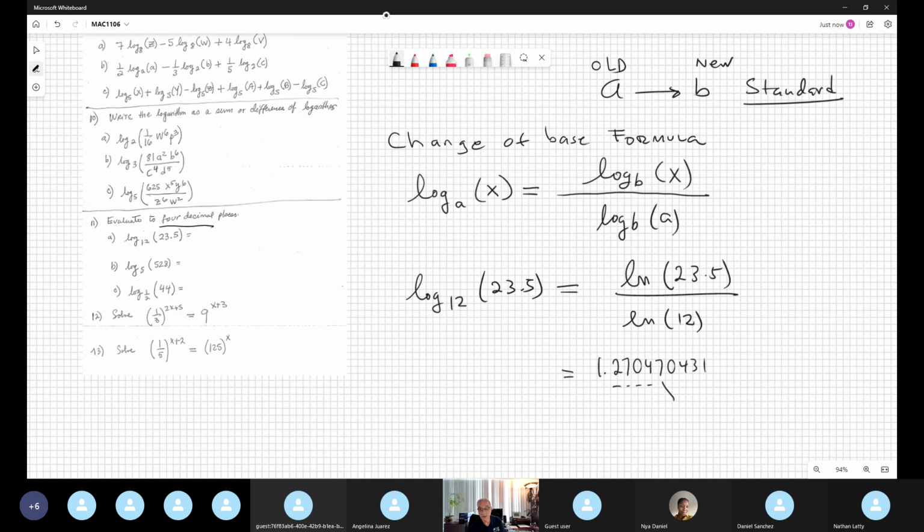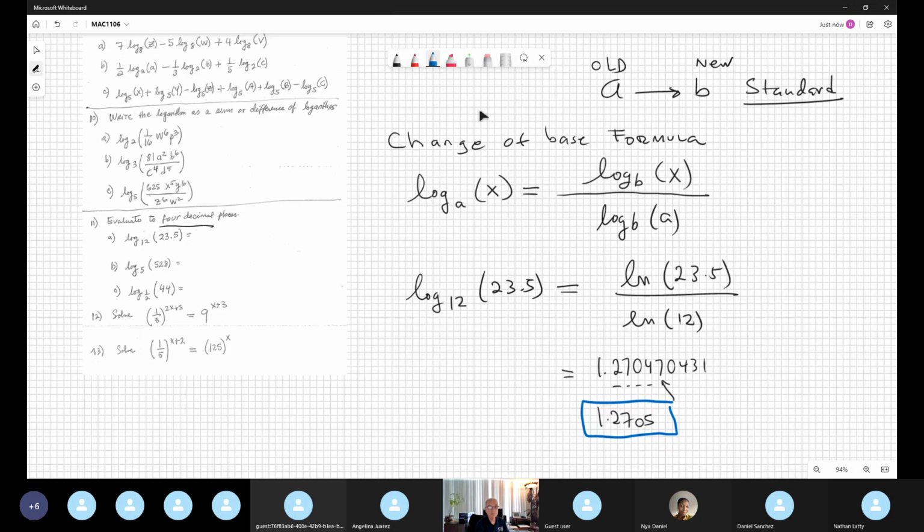So you analyze the digit after the 4, which is 7. If it is greater than or equal to 5, you increase it. So 1.2705 is my answer. Do you get the same answer as me? Yes. Okay. Please try B and C.